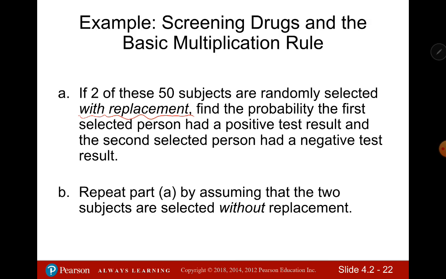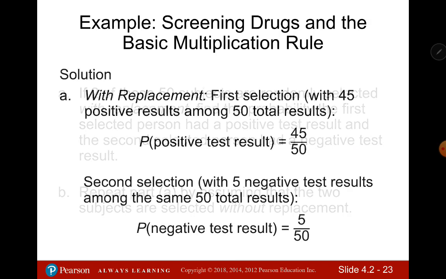This means with replacement. And we want to find the probability: first positive, second negative. Here we have this keyword and, which means we should use the multiplication rule, right? Event A is positive result. Event B is negative result. A and B.